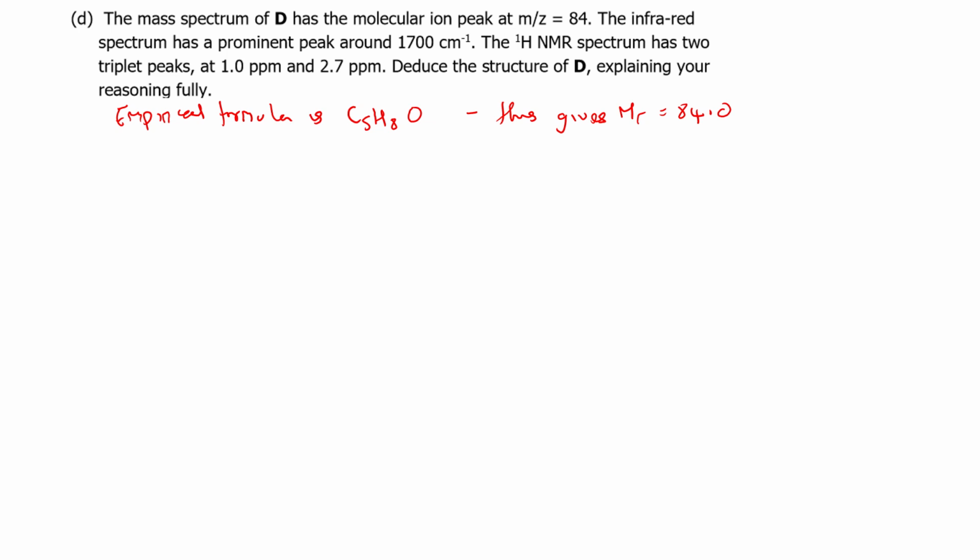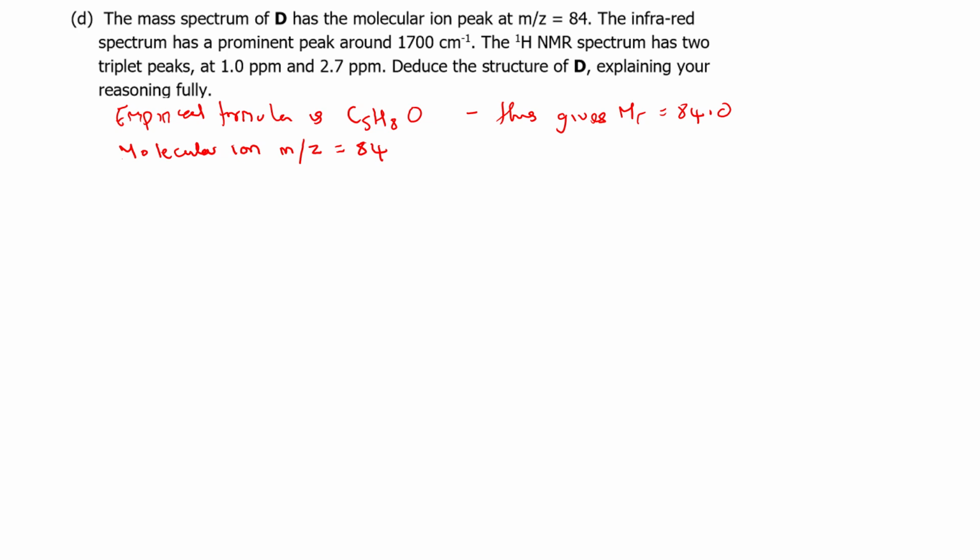So remember that in the mass spec, the peak with the largest value of m over z we consider for A-level purposes to be the molecular ion peak, and that gives us the Mr. So in this case we don't have to look at the spectrum because it just tells us that the molecular ion m over z is equal to 84, and you can see that's the same number.